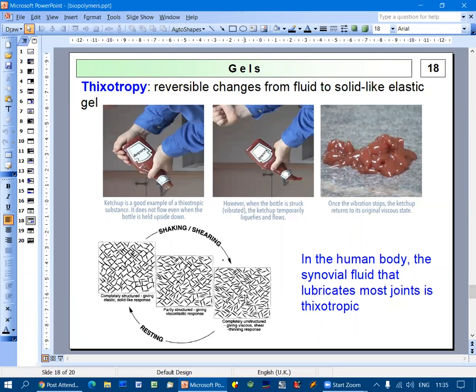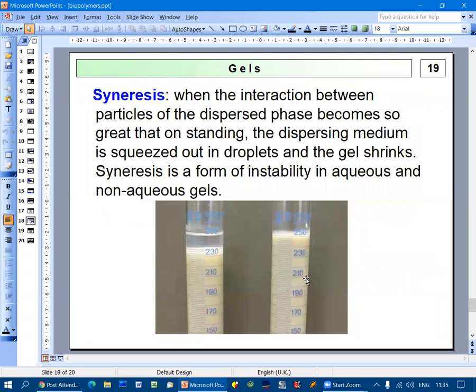In a human body, the example of a thixotropic system is synovial fluid.